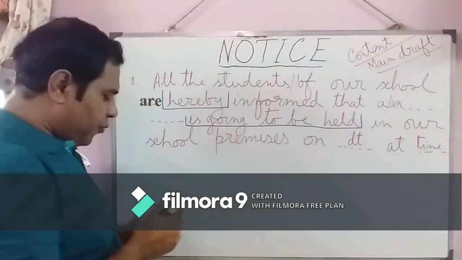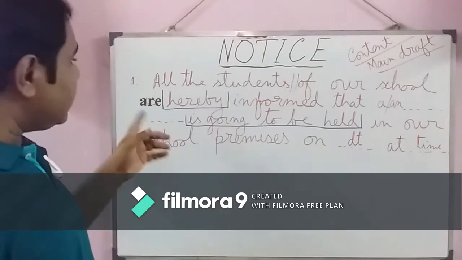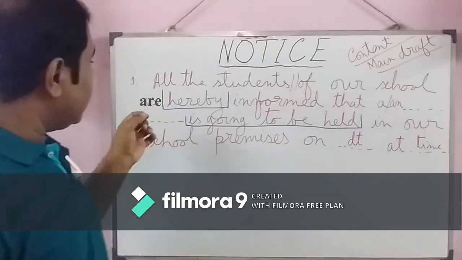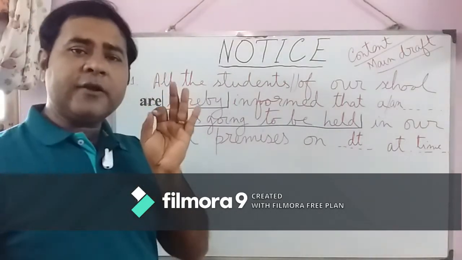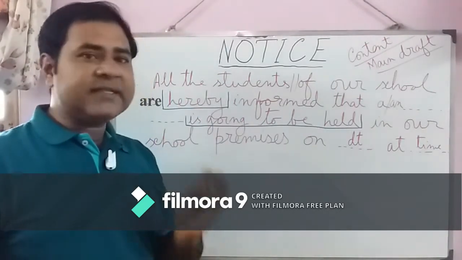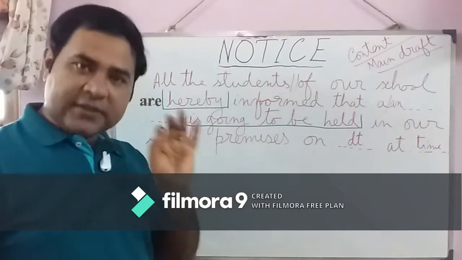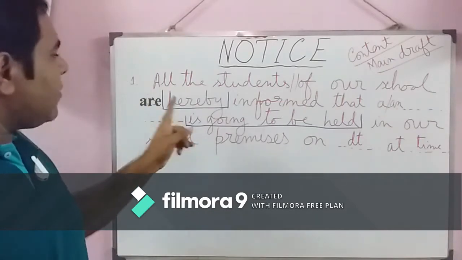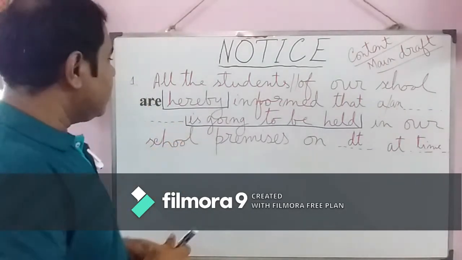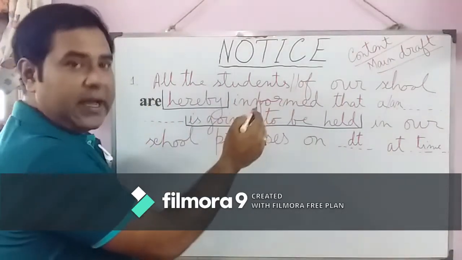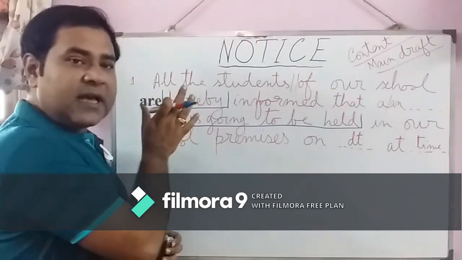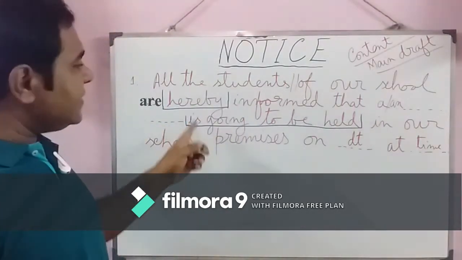As I mark these two parts, these are called registers for notice. Registers are specific words or language used for this purpose specifically. Hereby is a word that students often write as here and by and make spelling mistakes. It is a single word, and is going to be held.